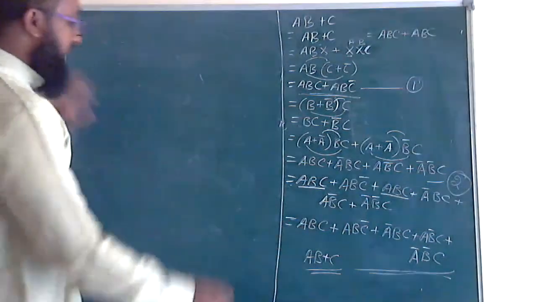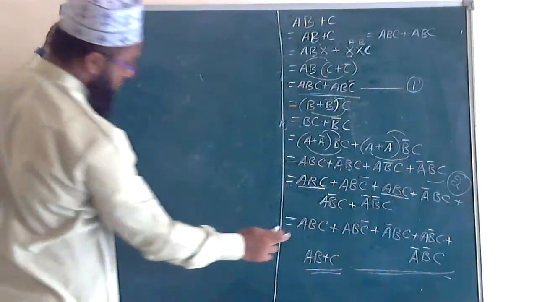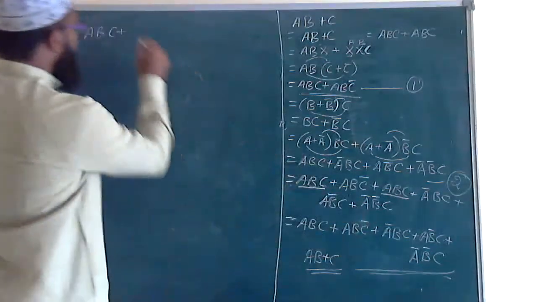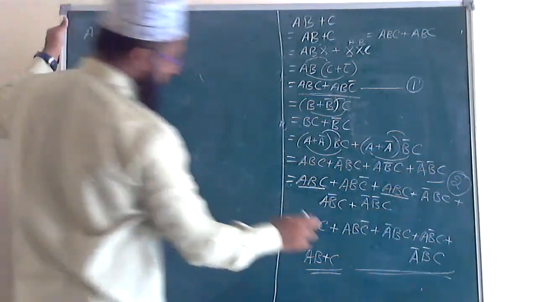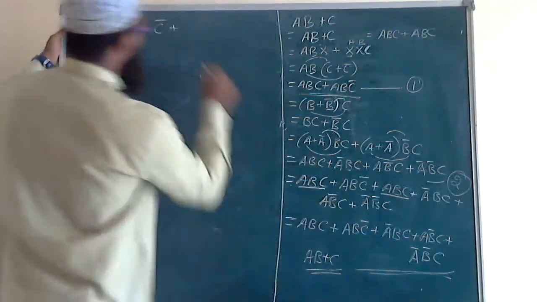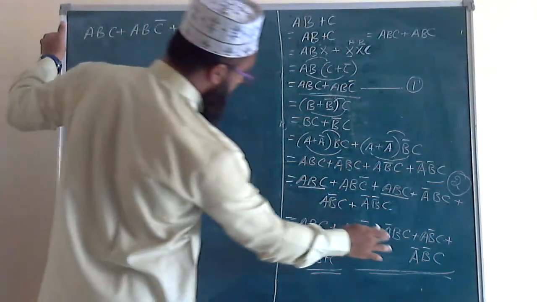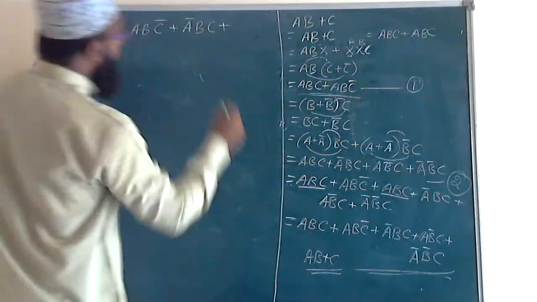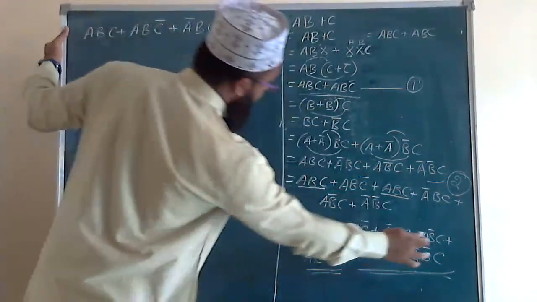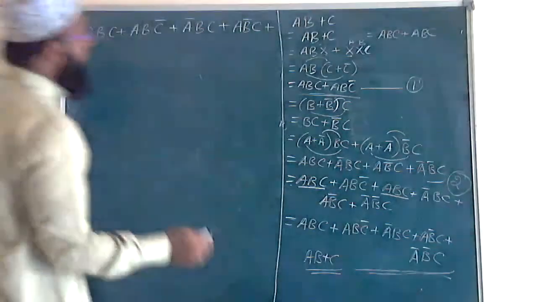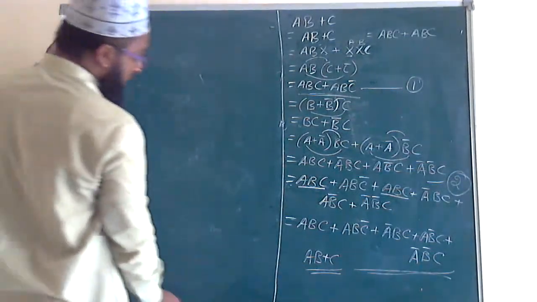Write down as it is: ABC plus ABC bar plus A bar BC plus AB bar C plus A bar B bar C. I will try to write it in one line.